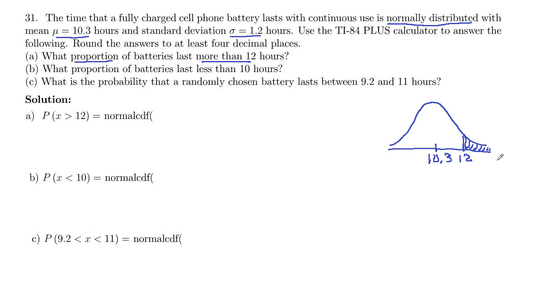So lower cutoff is 12, upper cutoff is infinity, so this will be normal CDF. Lower bound 12, upper bound, we'll use a big positive number, 10,000. And then you've got to put your mean and standard deviation in because we're looking at x values, not z. So 10.3 for our mean and 1.2 for our standard deviation. Let's go to the calculator.